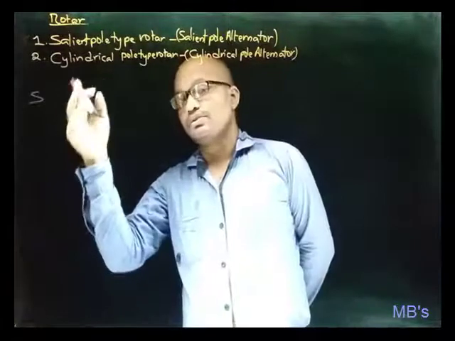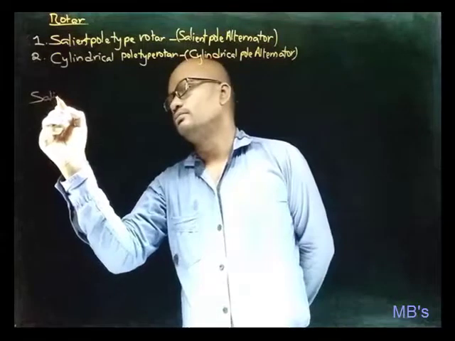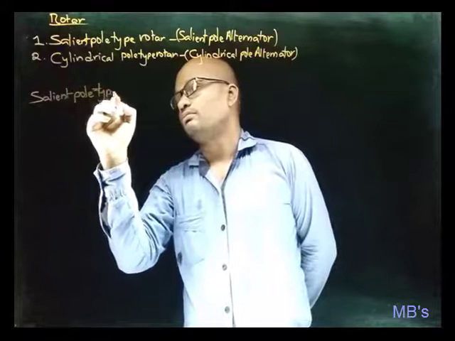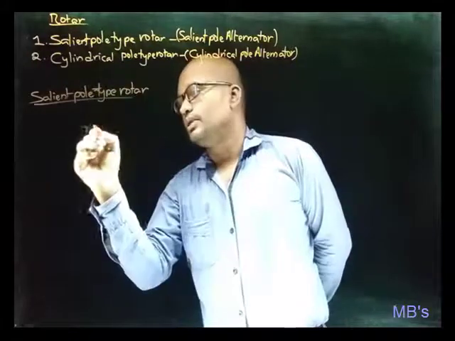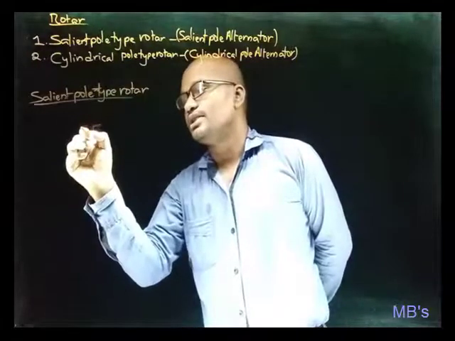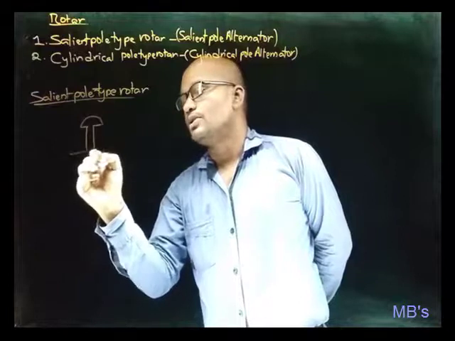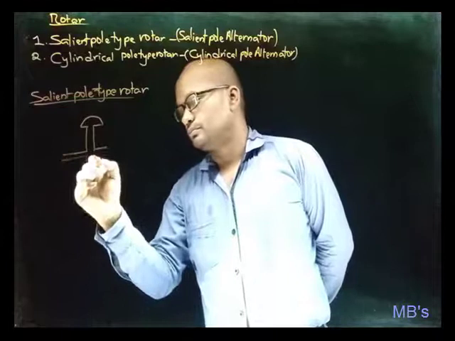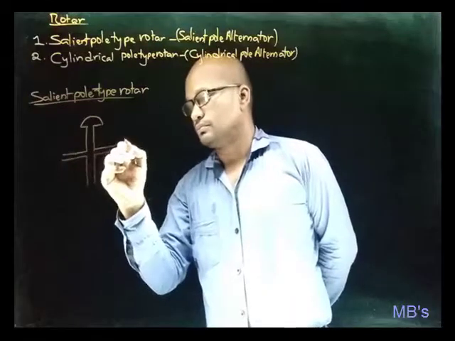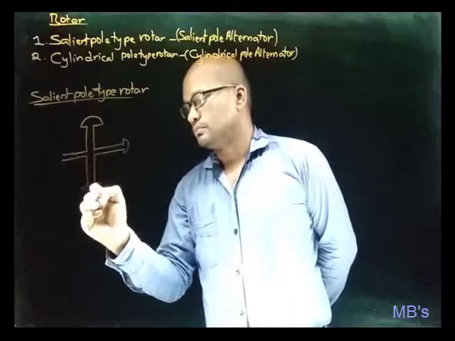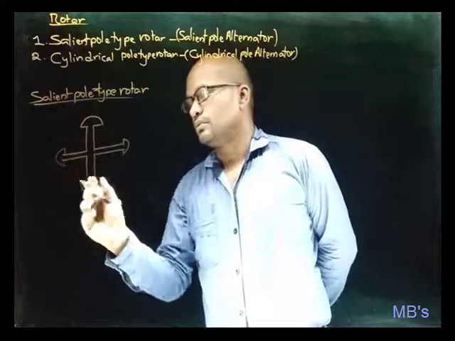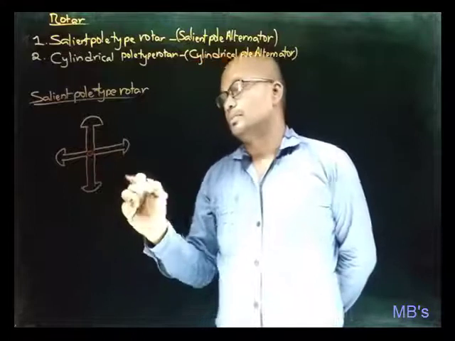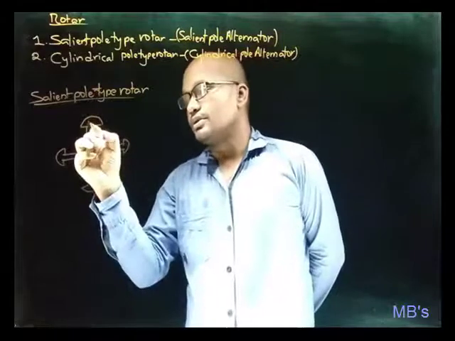Now let's discuss about the salient pole type of rotor. The name salient means poles are projected outwards. This is the front view of the salient pole type of rotor, and these are the poles.